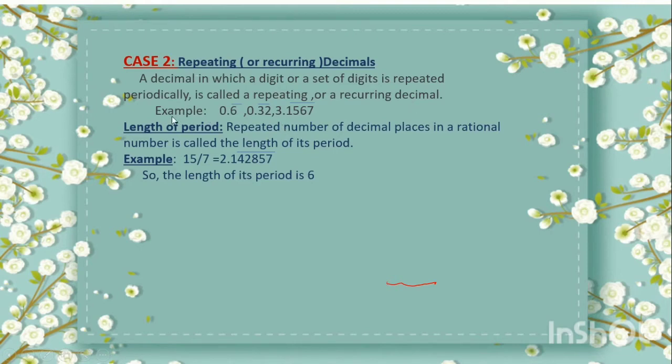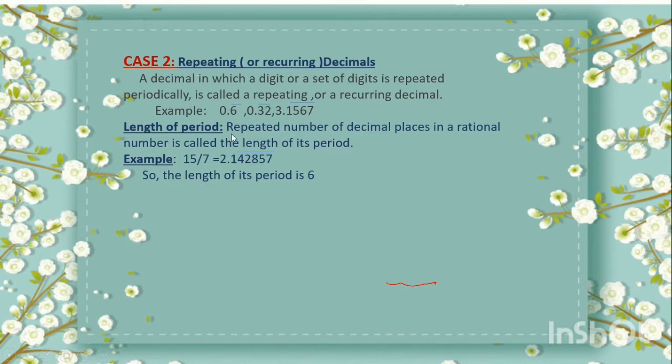An example: 0.6 bar means 0.6666, 0.32 bar means 0.3232 like this, 3.1567 bar means 3.1567, 1567, the repetition of 1567 is over here. So where repetition is going on, it is known as a repeating or recurring decimal.